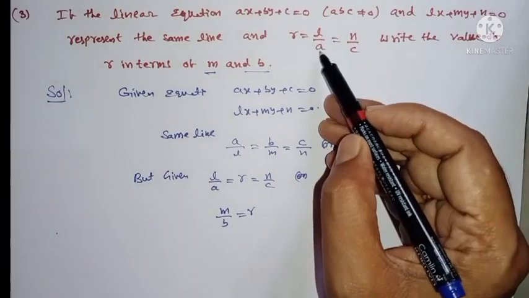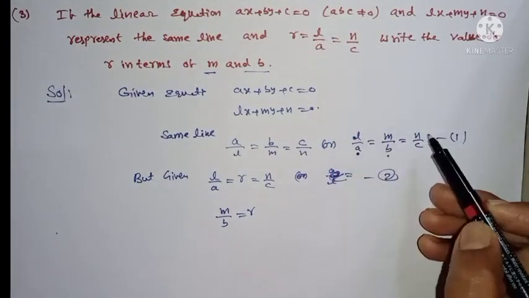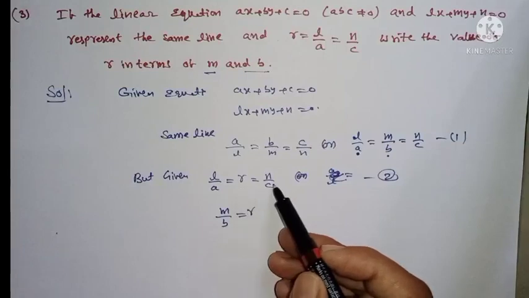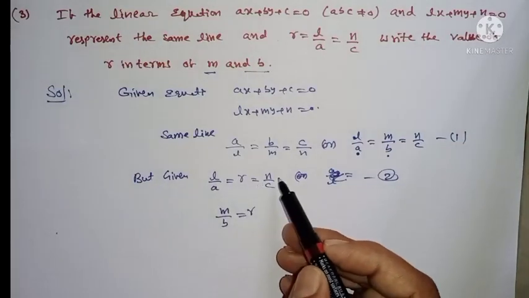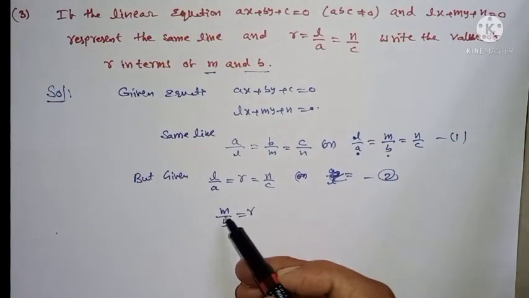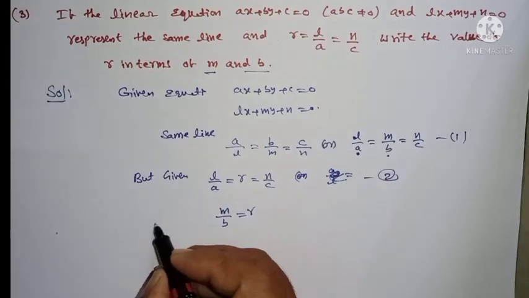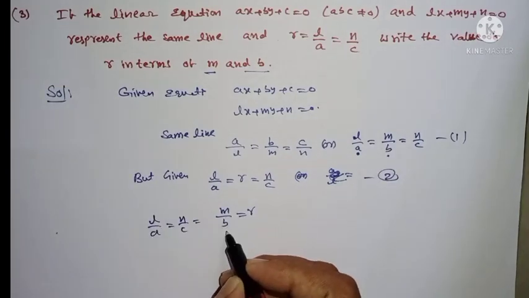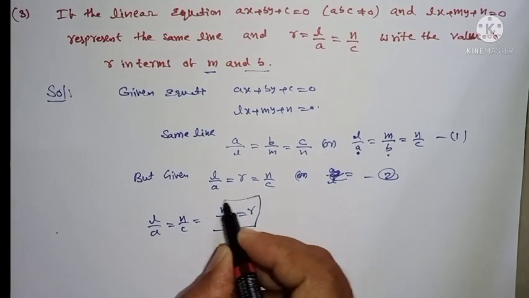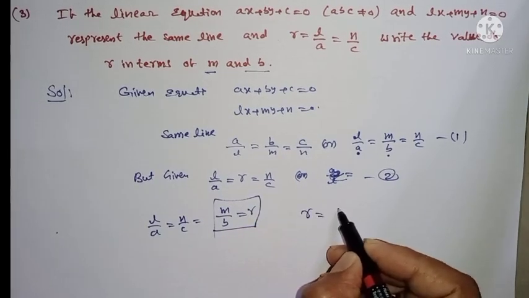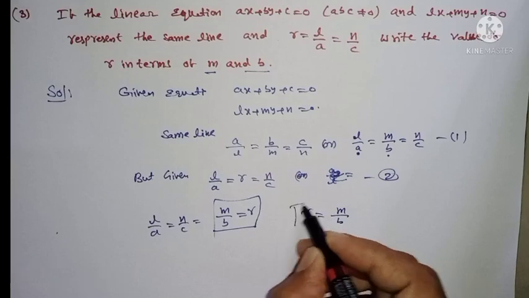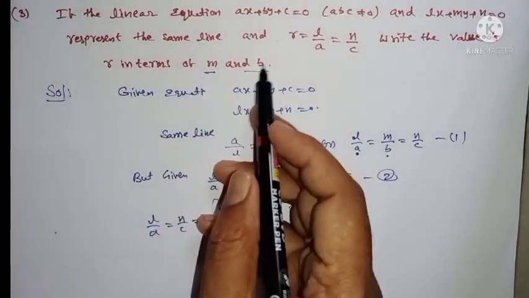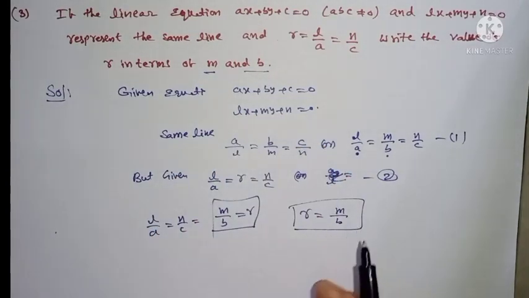But it is given that l by a and n by c are equal to r. So this is also l by a equal to n by c equal to m by b, which is equivalent to r. Therefore, in terms of m and b, r is equal to m by b.